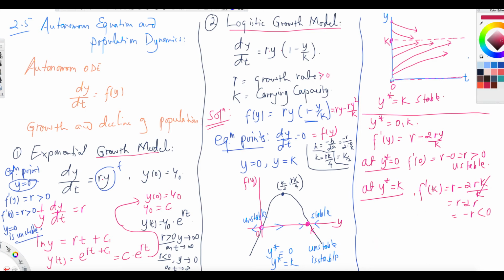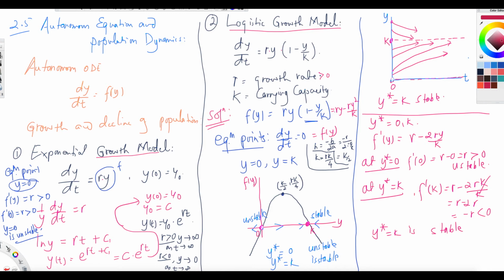So f prime, or the derivative of the right hand side function at the critical point, or the stationary point, or the equilibrium point, is negative, meaning that equilibrium point y star equals k is stable. You see that? This is the stable equilibrium point. Okay, guys. So this is the qualitative way of analyzing the solution of the logistic equation, right?